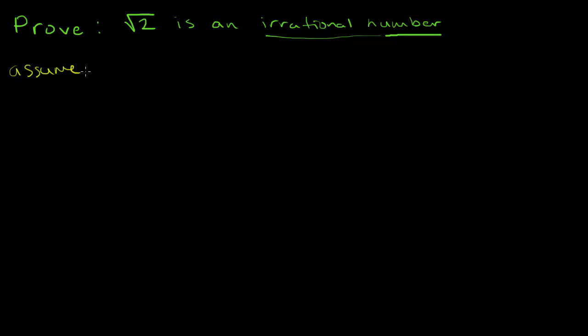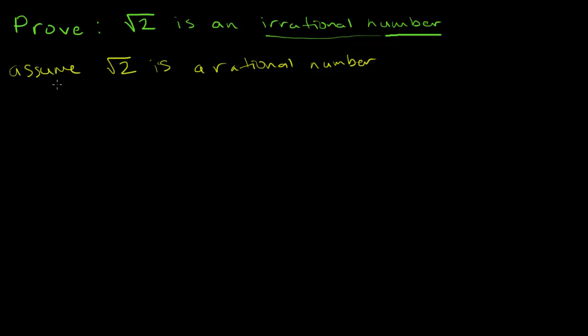So assume that root 2 is a rational number. Now, if that were true, then what would be the case?